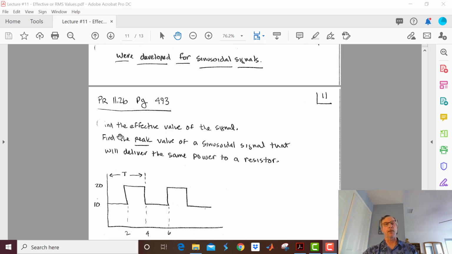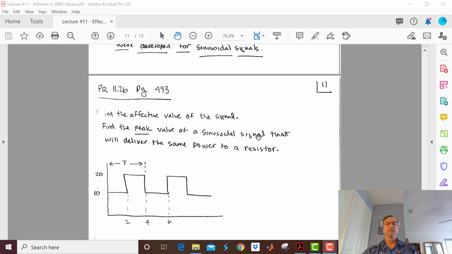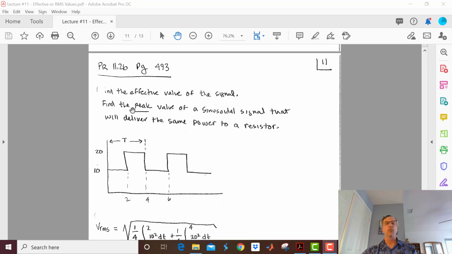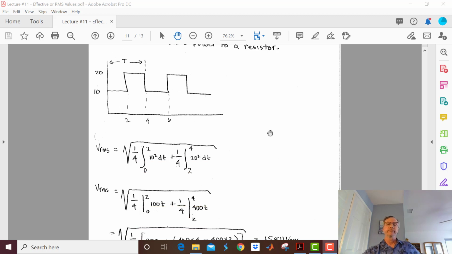Okay, so for our problem, we found the effective value of the signal. It's a voltage signal. Now, before we do that, let's find the value of a DC voltage that would give me the same power. That's easy. That's just 15.8 volts DC. But now I want the peak value of a sinusoidal signal that'll give me the same power to the resistor.